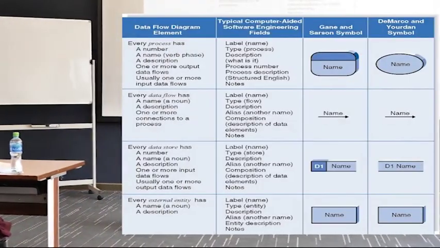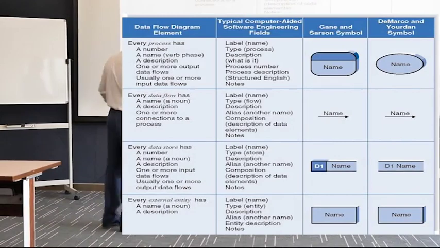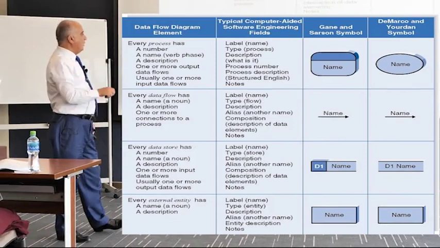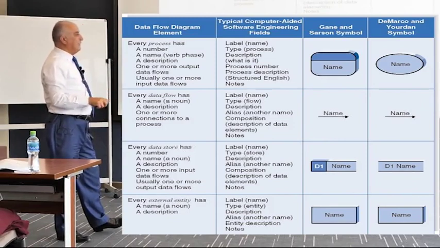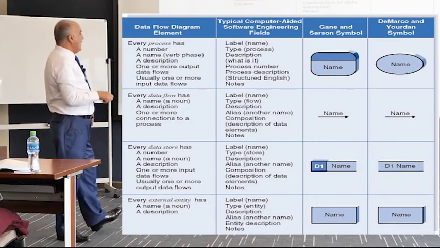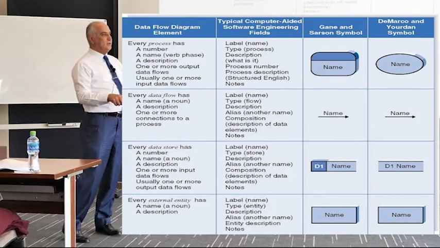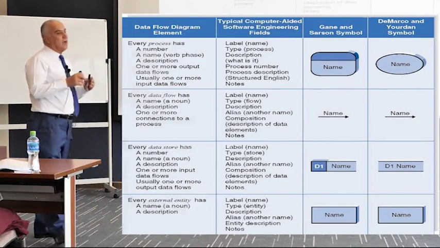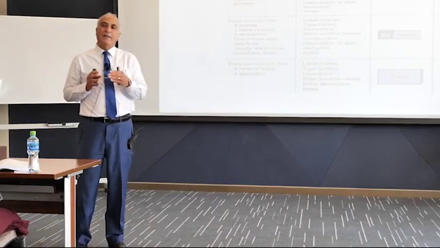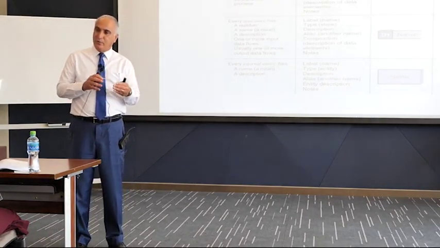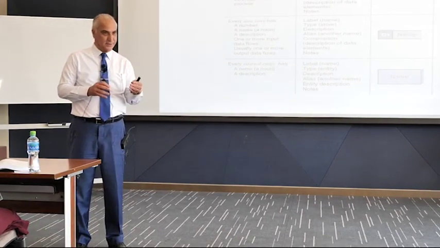Now, we have more descriptive of these names. We have the process, and we model the process by name. We have the data flow diagram, which is the direction of the data. We have the file name, the name of the file: customer, order, student, courses. And we have the external entity, which is a bank. In this case, programs are always an add-on activity. For example, the calculator program is a process.